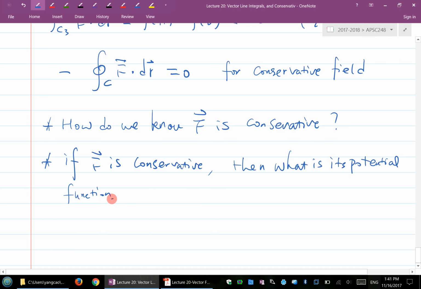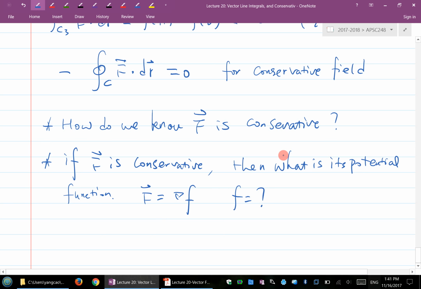Basically, how do I find this f here? So those are the two questions we need to answer. Naturally, how do we determine it's a conservative field? And if so, how do we find its potential function f, so that when you take the gradient of f, you get back this vector field?